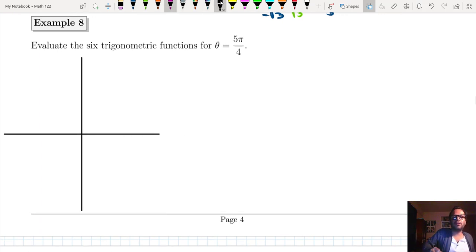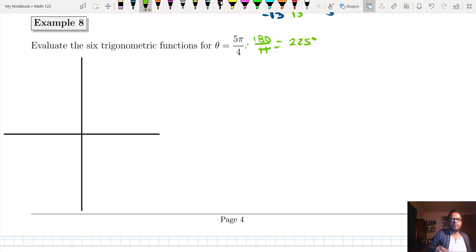So you might want to convert this to degrees to have an idea of how far we are going to go, right? So if we convert, the pi's go away. 180 divided by 4, that's 45. 45 times 5, that's 225.